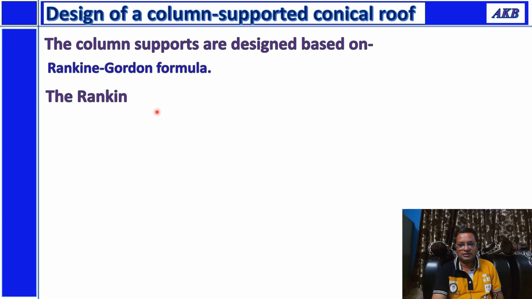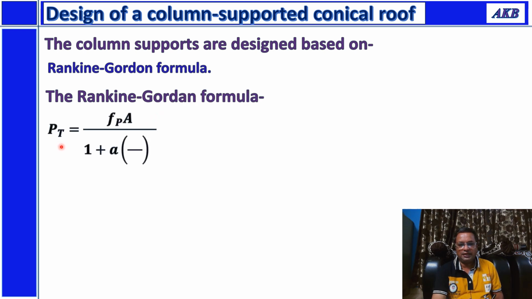The formula is like this. PT, that is the total load on the roof, is equal to the permissible stress into A. Let me first discuss the formula. So PT is equal to FP into A divided by 1 plus a into L_E by K square.